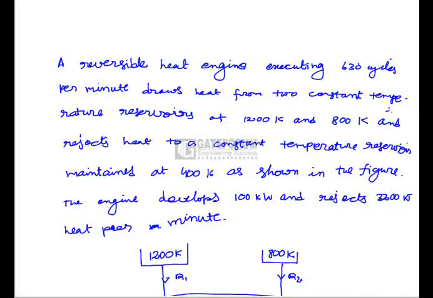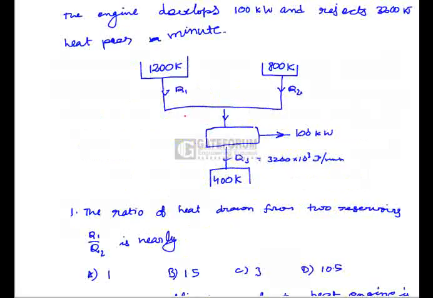So here this is the given diagram. There are two source temperatures, 1200 Kelvin and 800 Kelvin, and the heat is rejected to a sink temperature of 400 Kelvin. The work developed by the heat engine is equal to 100 kilowatts.